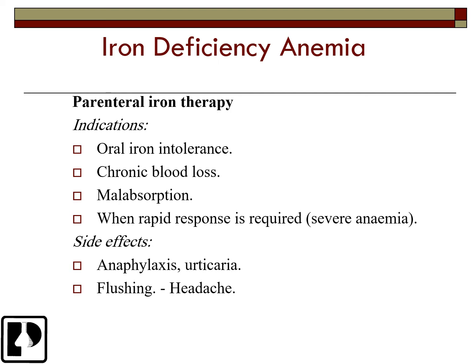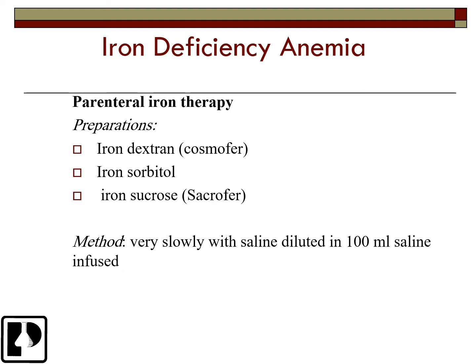Flushing and headache because it sometimes causes vasodilation. Preparations for parenteral iron are iron dextran called Cosmofer, iron sorbitol, or iron saccharose called Sacrofer. This is the name of the drugs. We give the IV iron very slowly, diluted in 100 ml saline and infused.